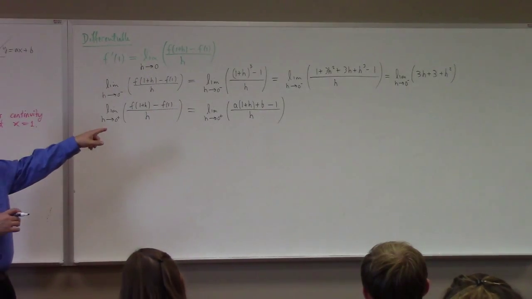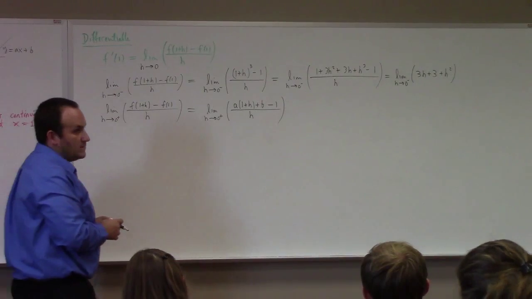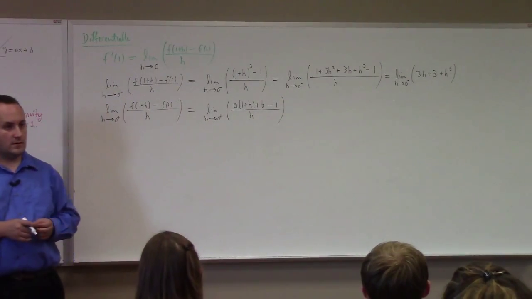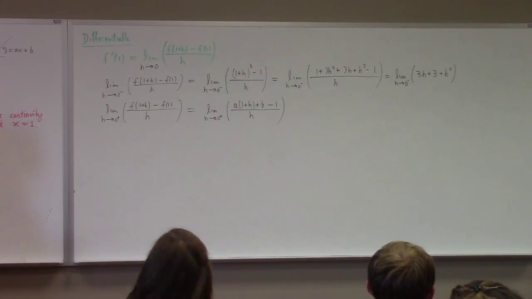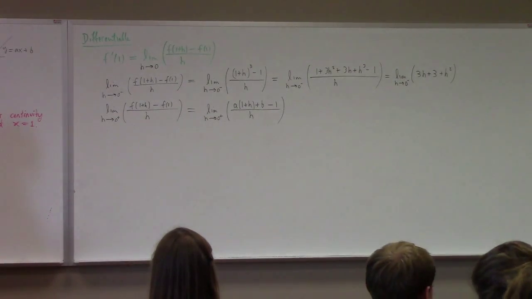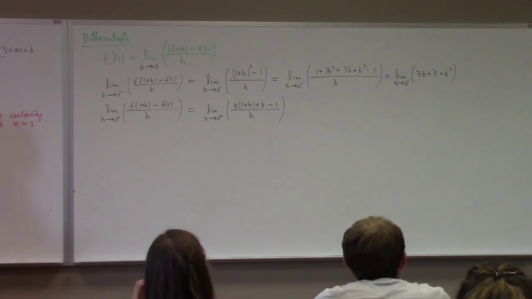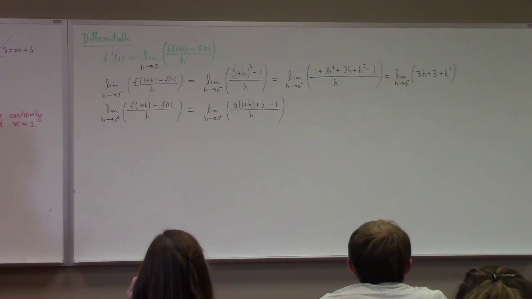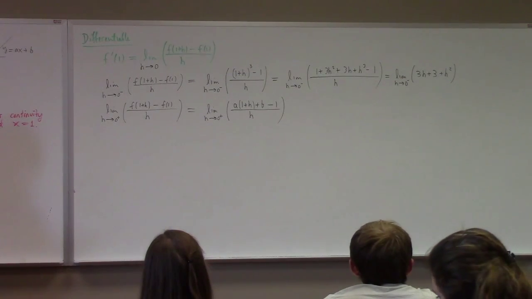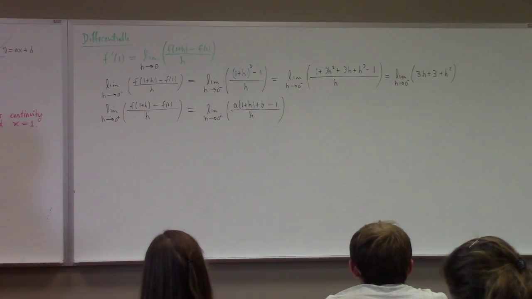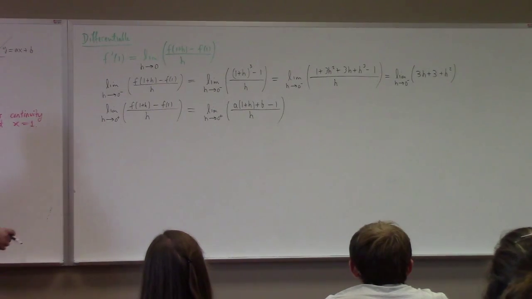Oh, did you get that? Why did the 3h squared plus 3h plus h cubed go... so when you divide by h, you can take an h out from each one of those? Yeah, the ones cancel, and then I can factor an h out. That makes sense. Of course, what's the answer there to the top? It's just 3.